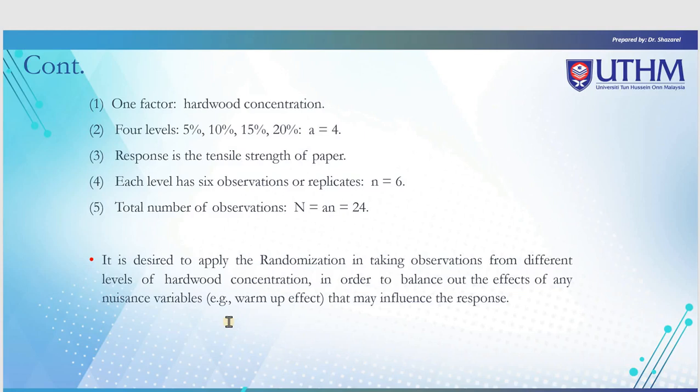It means that the last observation has a higher heat compared with the first observation. When we randomize, we balance out the effect of the heating up of the machine. That is very important.